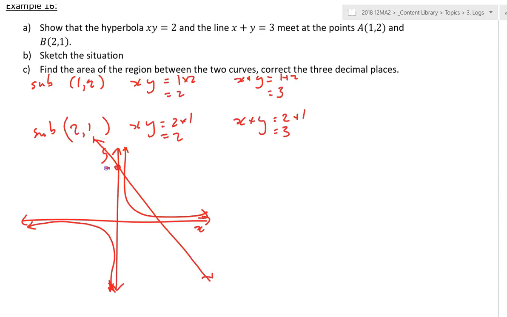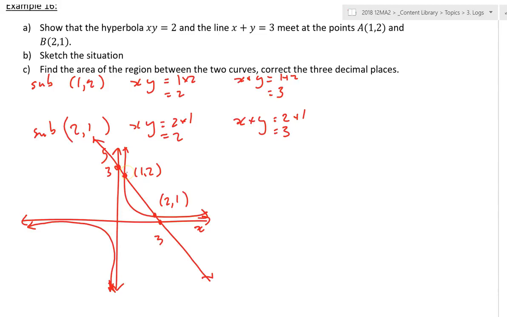It crosses the axes at 3 and 3, and crosses the hyperbola at 1, 2 and 2, 1. There's the situation, maybe not to scale, but it's alright. Find the area of the region between the two curves.